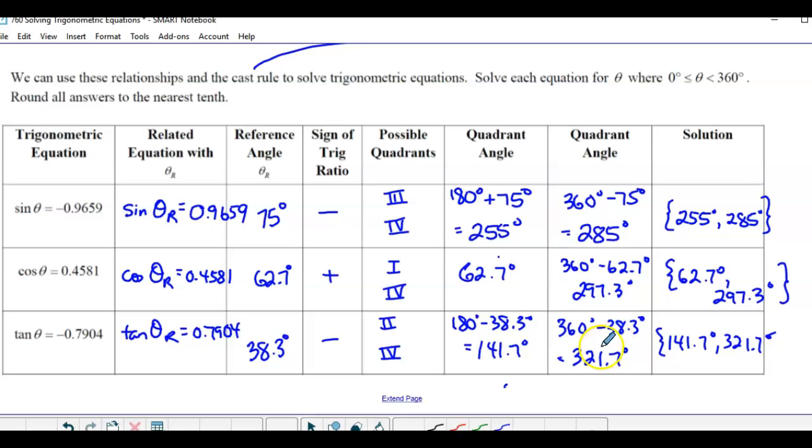Okay, so it's always going to give you the smallest angle that's closest to 0, whether positive or negative, if you think about it that way. So this way we don't have to work backwards from negative angles, which is kind of nice. We can just use our reference angle to get them.